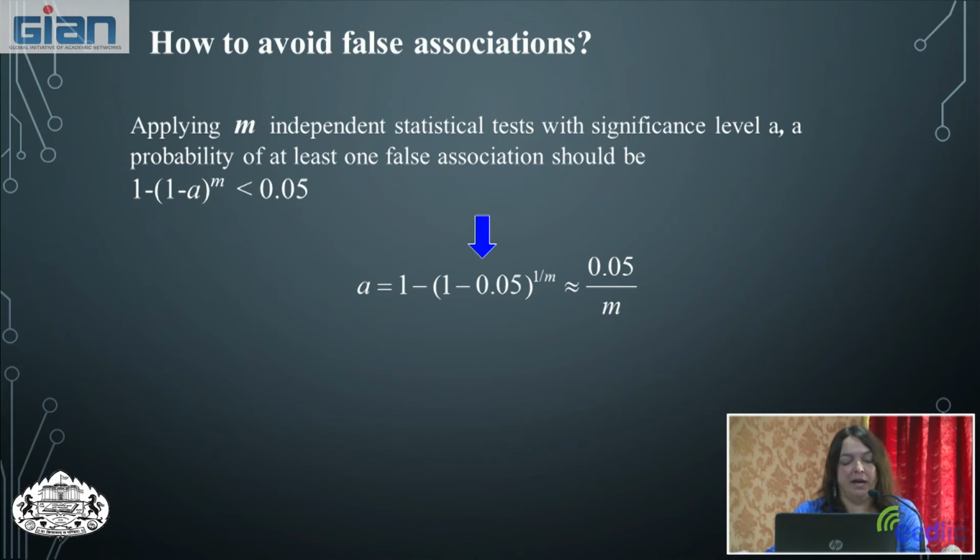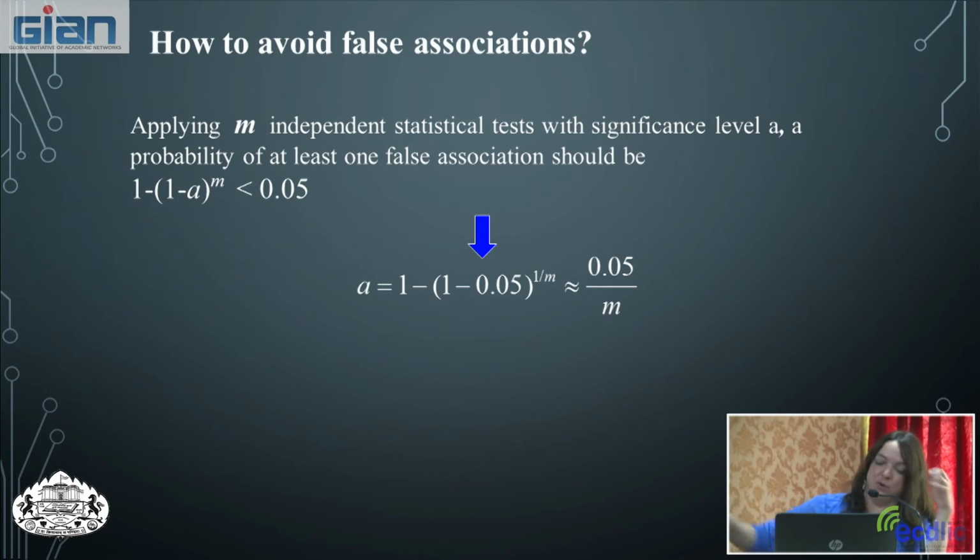We want to control for the significance A, so we want to calculate this rate of control based on our p-value and the number of tests we use. They came up with this formula to do this.